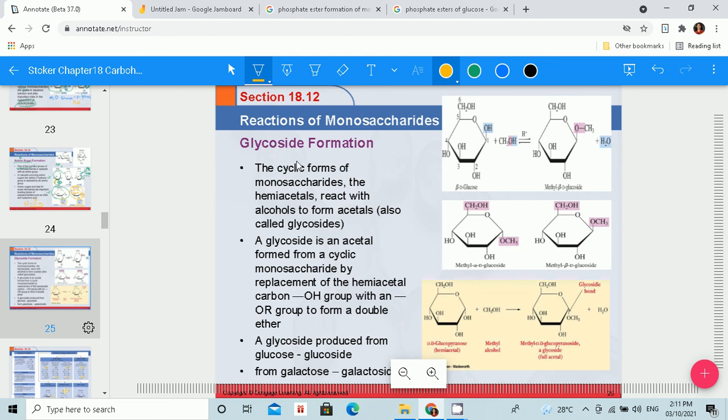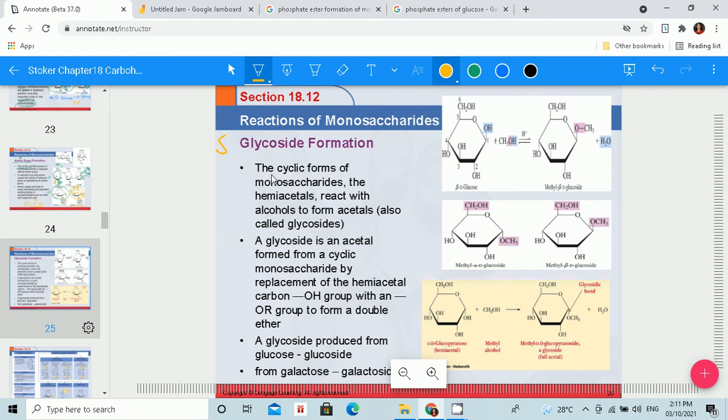Okay, and then we have the glycoside formation. We have the reactions of monosaccharide. Again, this is the fifth, I think. So glycoside formation. What is glycoside?